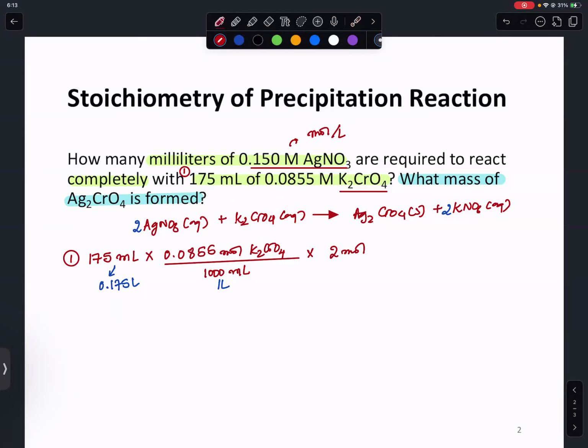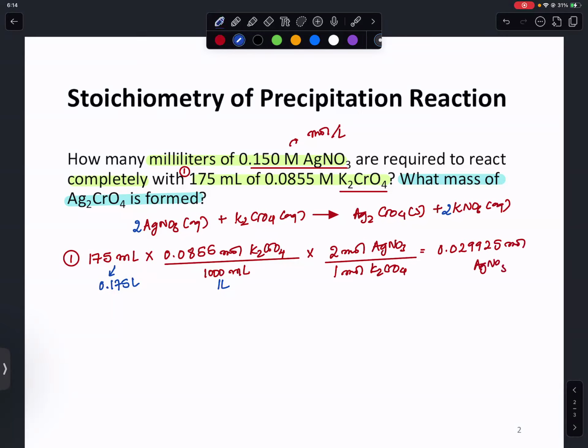So I can say 2 moles of silver nitrate over 1 mole of potassium chromate. And this gives me 0.029925 moles of silver nitrate.